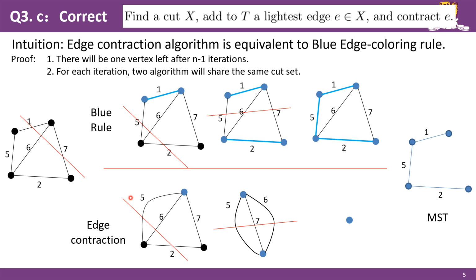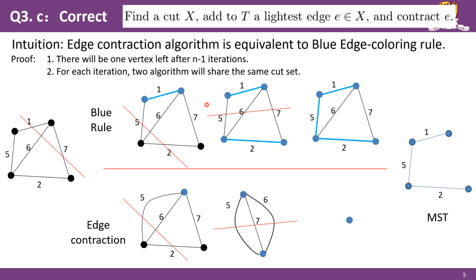And for edge contraction, the condition is the same because once we have contracted an edge like this, all the cuts that include the contracted edge will be excluded from the original cut set. So the remaining cut set will be the same for these two conditions. That is, the original cut set minus all the cuts that include the edge that is colored blue or contracted.